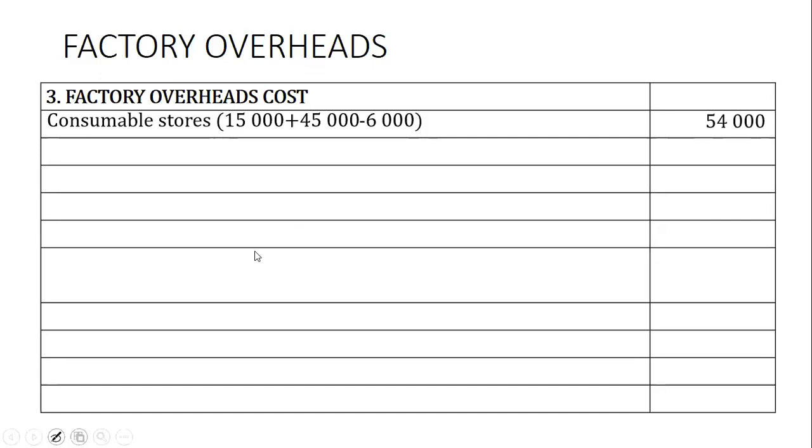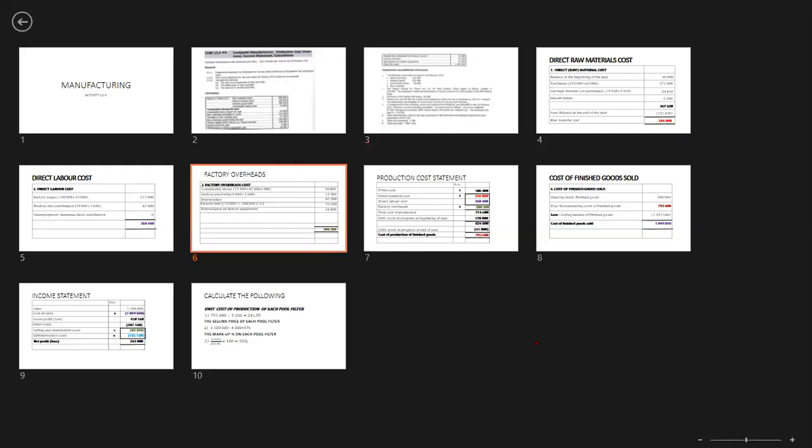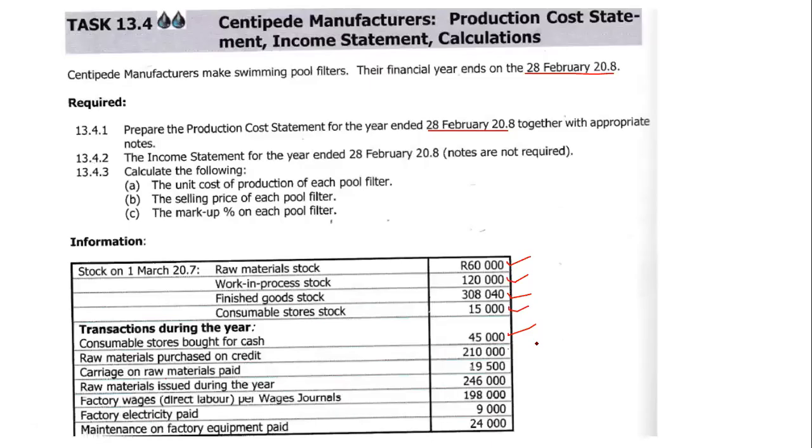Yes. Moving right along, let's get to the next one. This one, where does it go? We added it in our net purchases in our direct material costs. What about this?